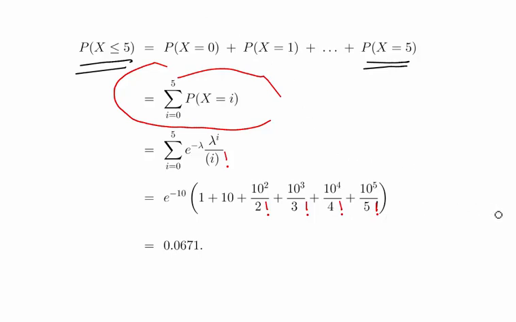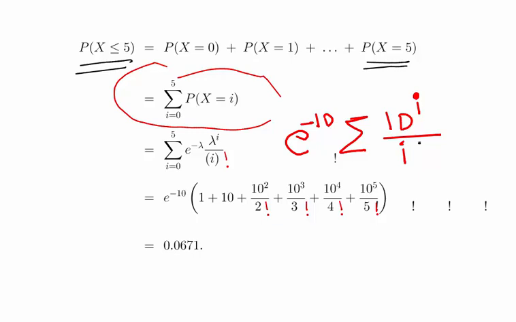Live editing is great. So essentially what we're going to do is take out e to the minus lambda, that's e to the minus 10 actually. So e to the minus 10 times the sum of 10 to the power of i over i factorial, where i goes from 0 to 5.